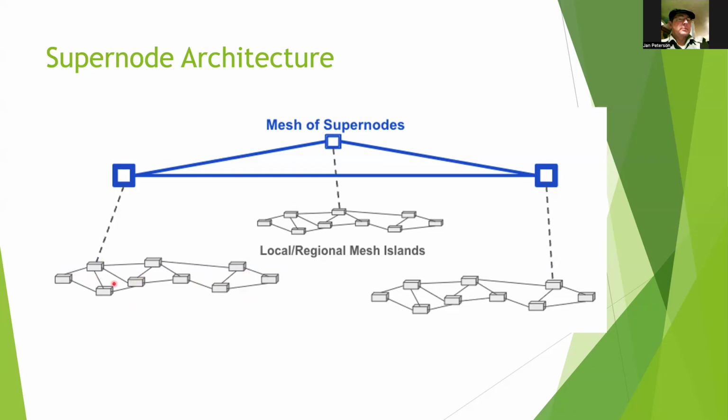It's more efficient. The drawback is OLSR actually knows about services and Babel does not. So they have to run a separate service discovery protocol on the network in order to tell where things are.